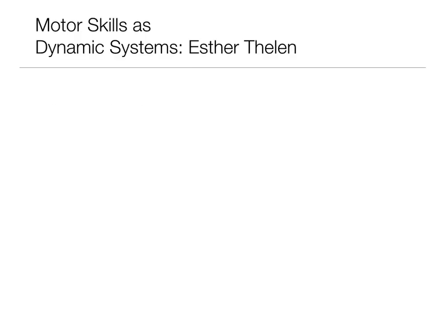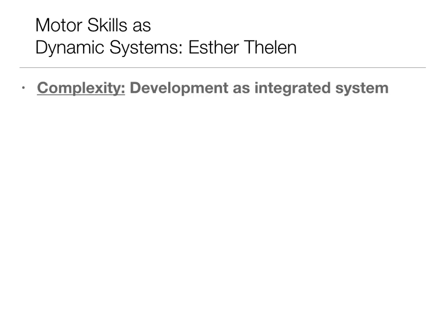So back to those 3 main components that we talked about in dynamic systems theory. And again, we're going to talk about it in a lot of terms of motor skills, but it really is an overarching theory that we can use for more than just motor development. So the principle of complexity is the idea that development is an integrated system composed of varying elements, like we talked about in that previous slide.